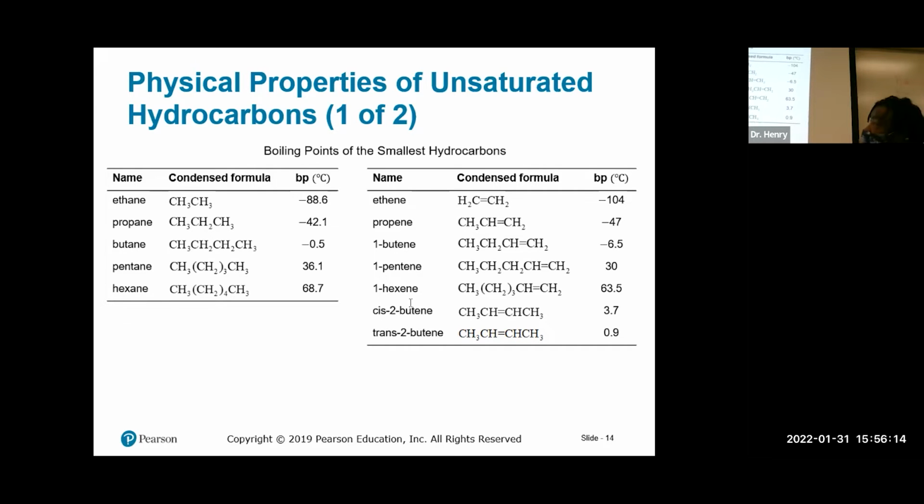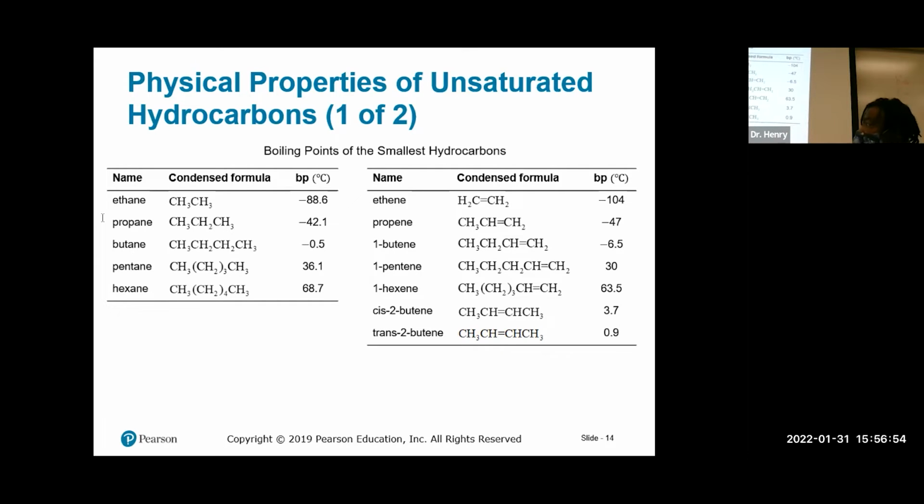If we take a look at these compared to butane, and then the 1 butene compared to it, and the propene compared to the propane, in this case the single bond has a higher boiling point than the double bond.